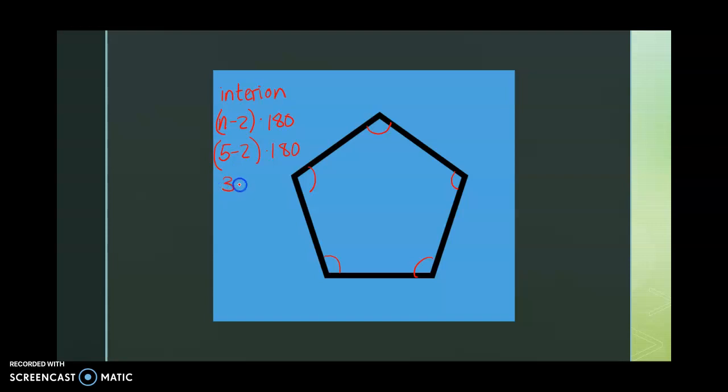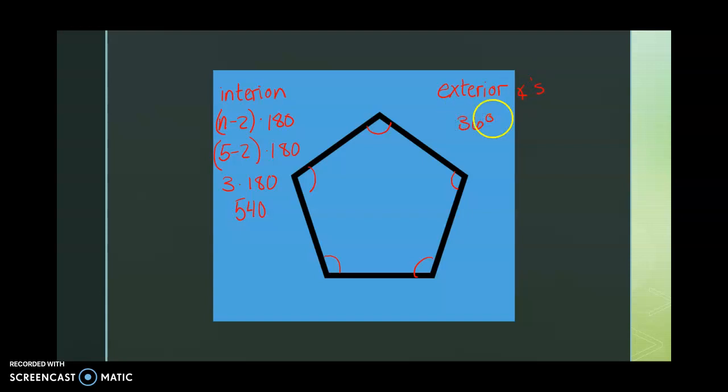So 3 times 180, which, if you're like me, you have to put into a calculator. So that's 540. Then we know the exterior angles are going to be 360.